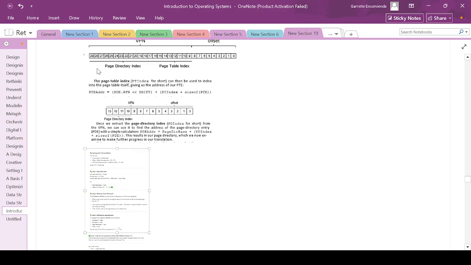Once we get this page directory index, of 7 bits, we can use it to find the address of the page directory entry with a simple calculation.